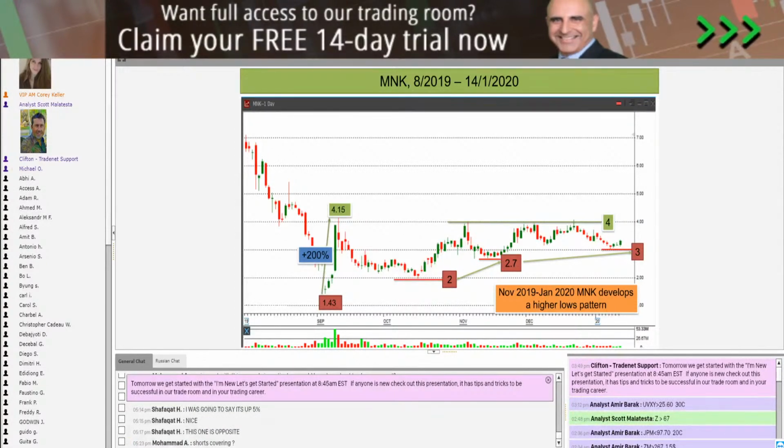Now, shorts are not covering, Mohammed. Shorts are not covering at the lows of the day, at the lows of the year. Shorts are covering at the highs of the year, like Tesla. Okay? But look at the moves here. Percentage wise, if you want to make a huge percentage move in very little time with very little money, this can be a strategy.